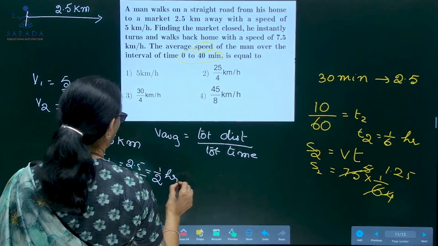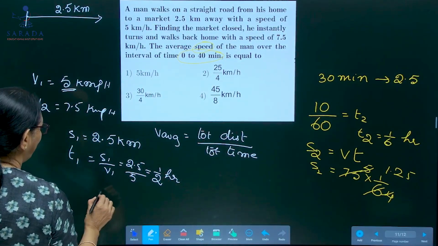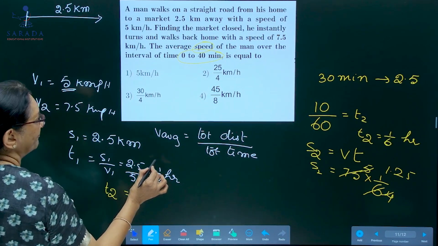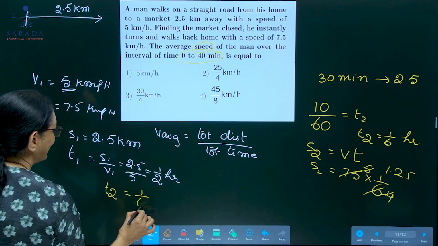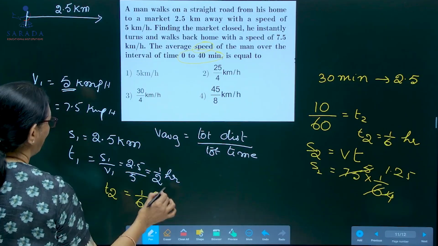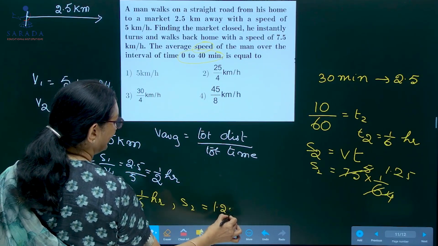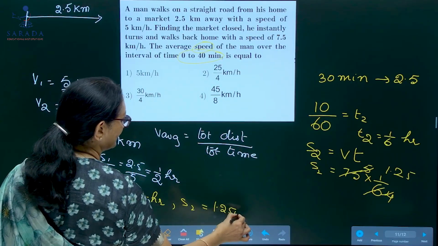So, here T1 is half an hour and T2 is 10 by 60, that is 1 by 6 hours, and S2 is 1.25 kilometers.